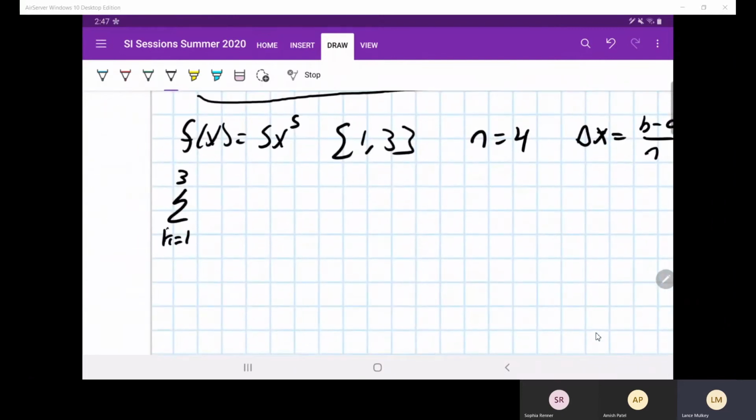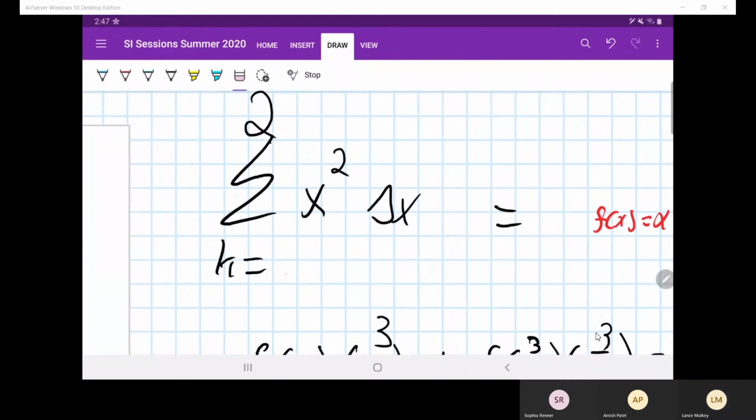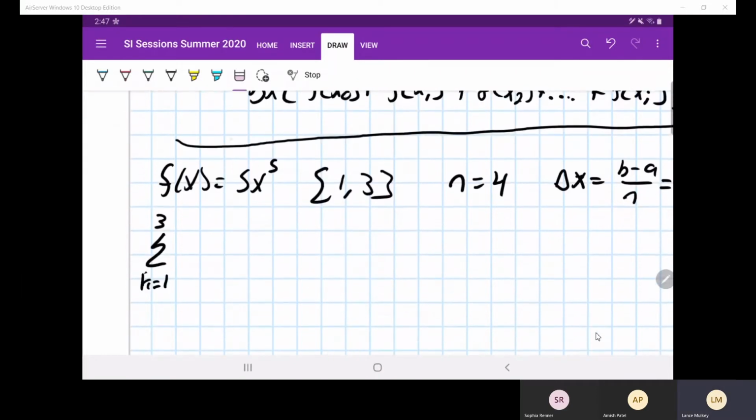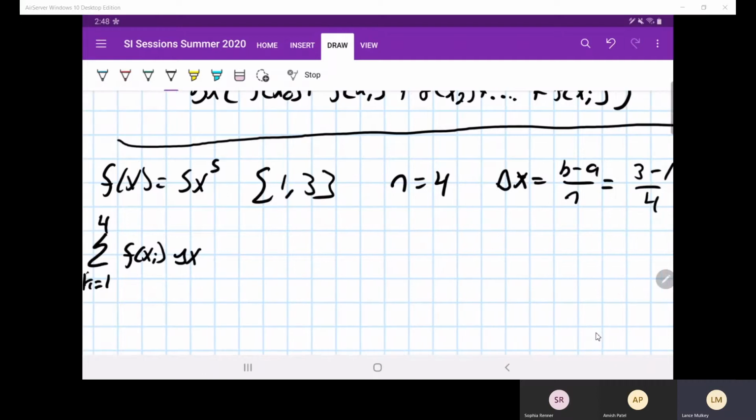This one's 1 to 3. That's where I messed up. I was right. They want 4 subintervals, so you have 4 up here. Sorry. And it's f of x i delta x. So since you have a constant delta x, you don't have to change that. It's fine.